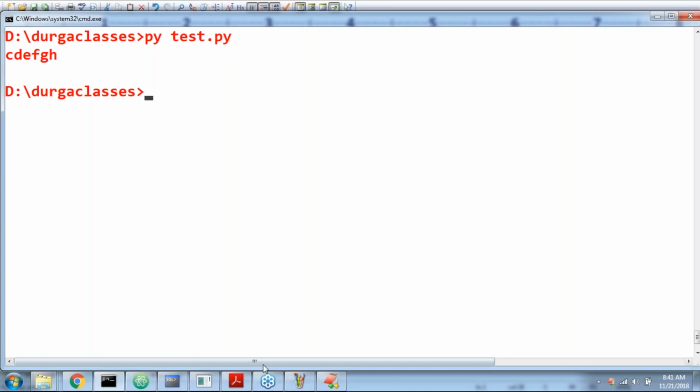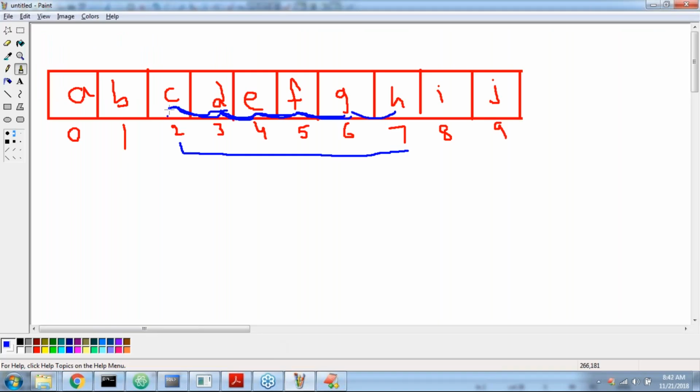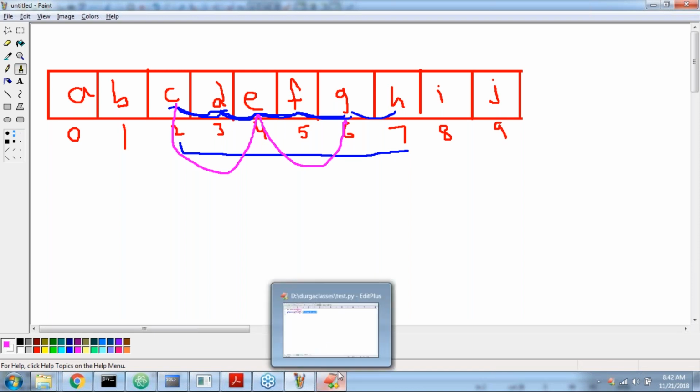Now my target is, hey, can you please jump? Sir, don't consider every next character. From C to E, from E to G, that's all. So something like step two, which means every second character you require to consider. Don't consider all characters, okay?